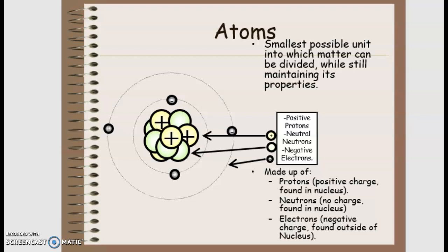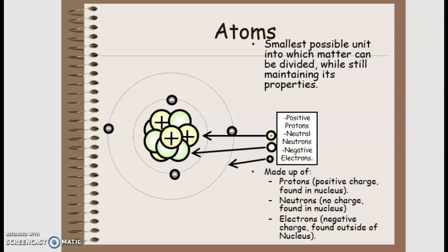So there are several different subatomic particles that we're going to be looking at. We've got our positive protons, which are located inside the nucleus of the atom. We have our neutral neutrons. They have no charge. That means they're not electrically charged. They're not positive or negative. And they're also located in the nucleus of the atom.